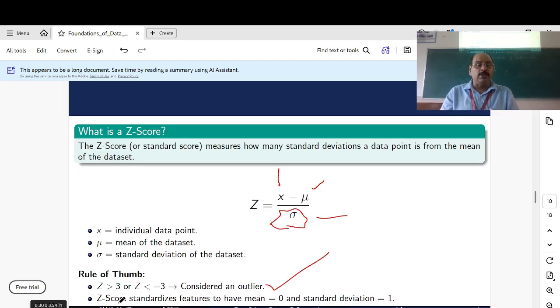So z-score standardizes features to have mean 0 and standard deviation 1. Based on the z-score of an individual data point, we can conclude whether that particular data point is an outlier or not.